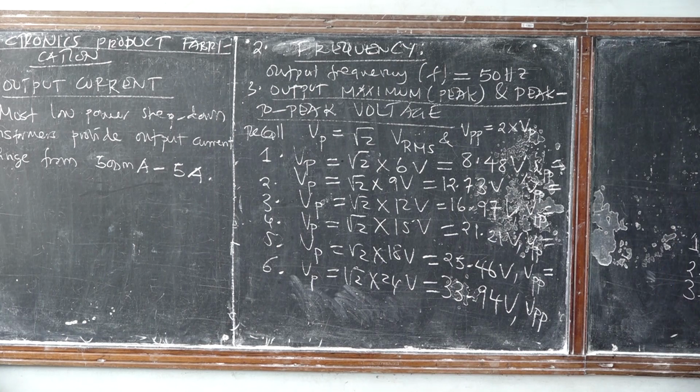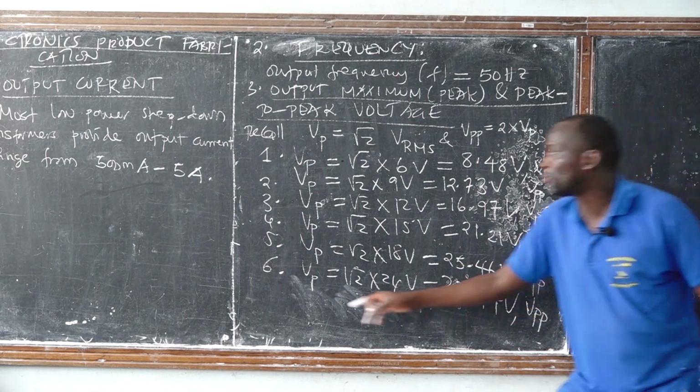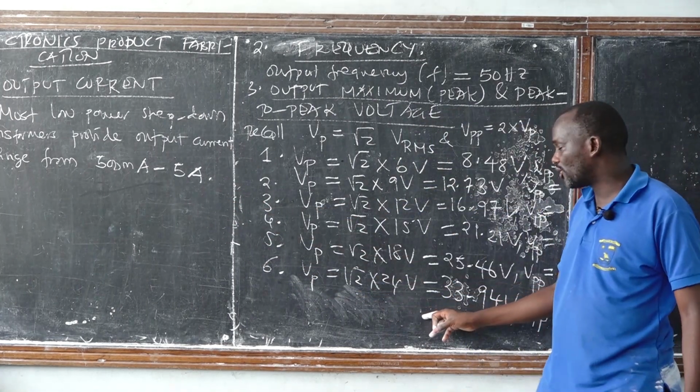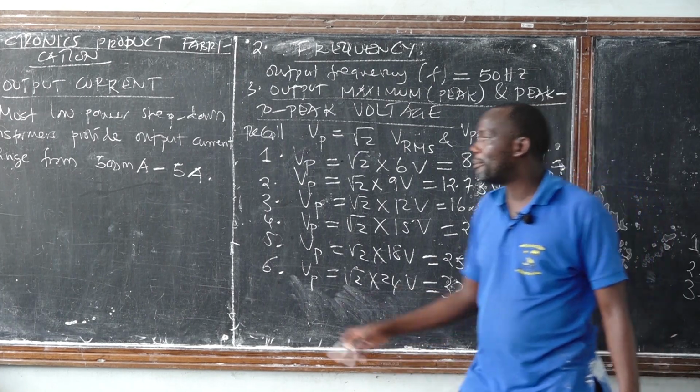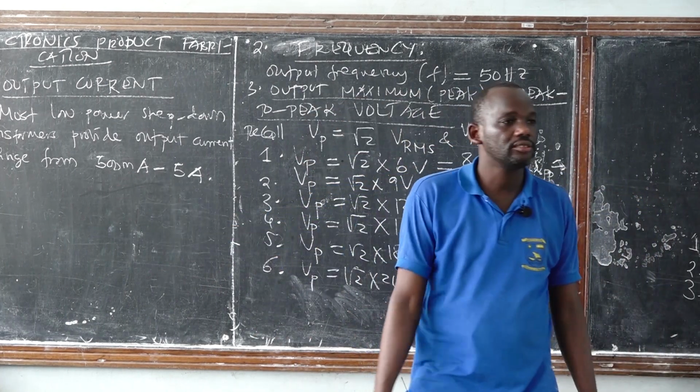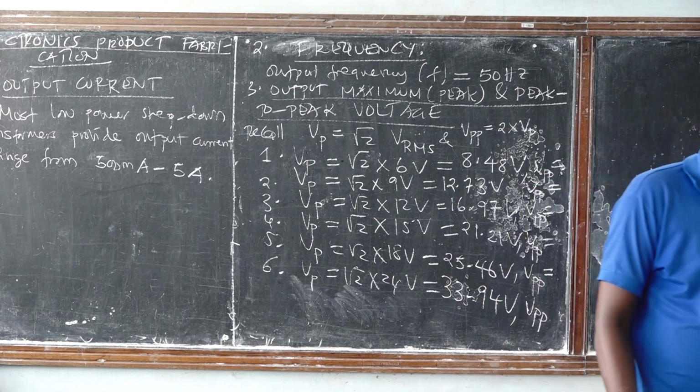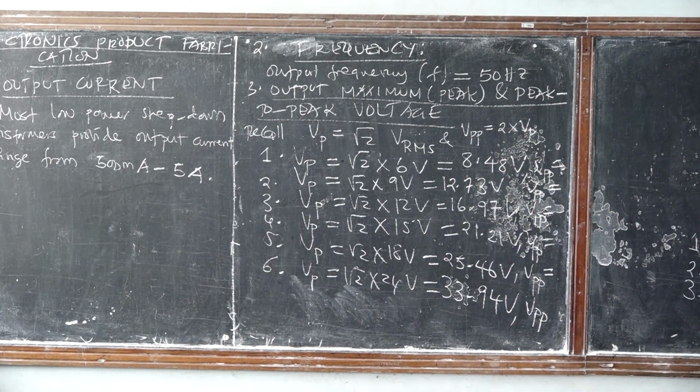There's no relation saying that because this is providing a root mean square voltage of 24 volts, it means it will provide 5 ampere. You can buy a transformer that provides a root mean square voltage of 24 volts, but providing 800 milliampere.